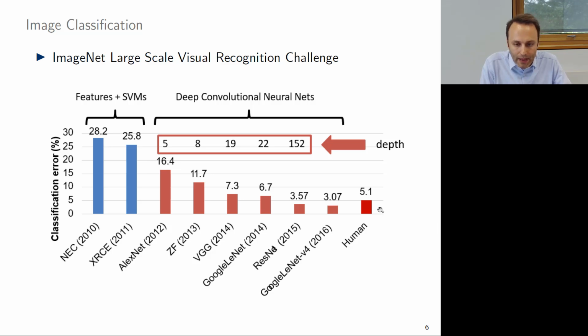Humans have a classification error of 5.1%, and if you use 5 hidden layers, then well, you don't really beat the humans yet. But if you include 8 hidden layers, then 19, 22, or even 152 hidden layers, then the performance is even better than that of humans.